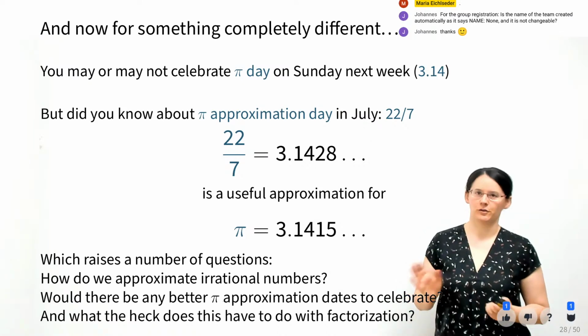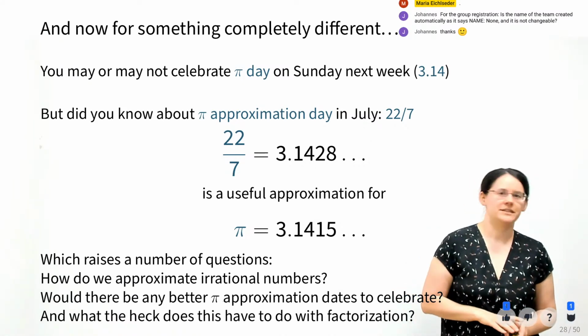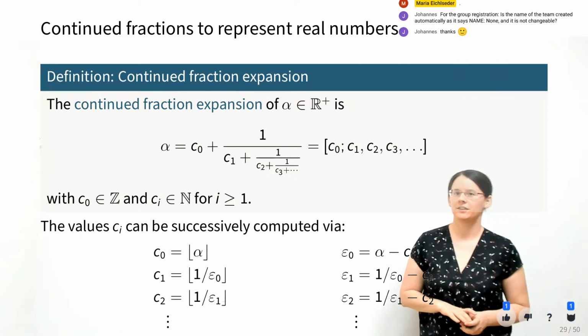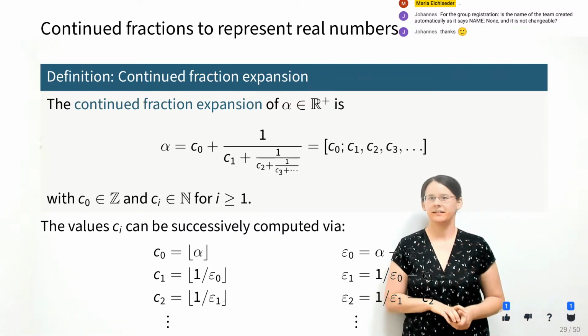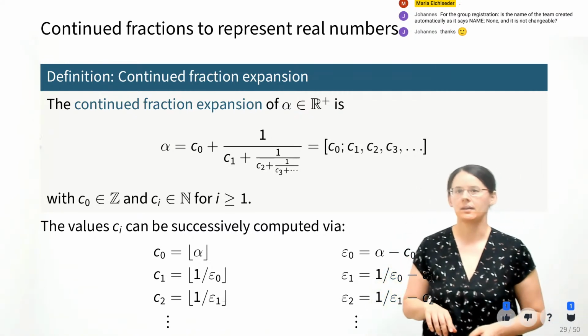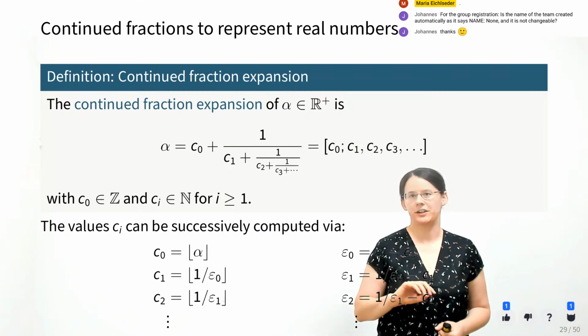So let's have first a look at what a continued fraction actually is. A continued fraction is a way of representing a real number, a positive real number. And it has the following shape here.